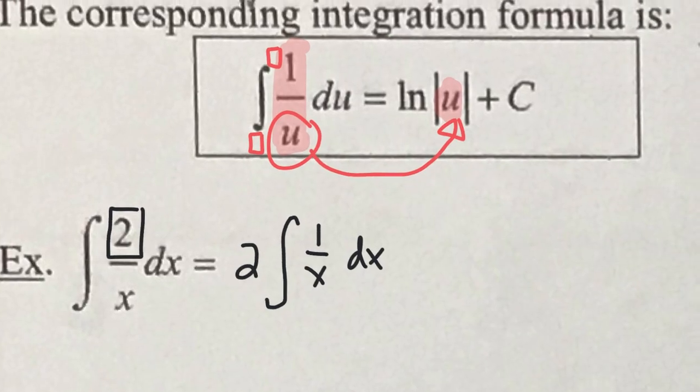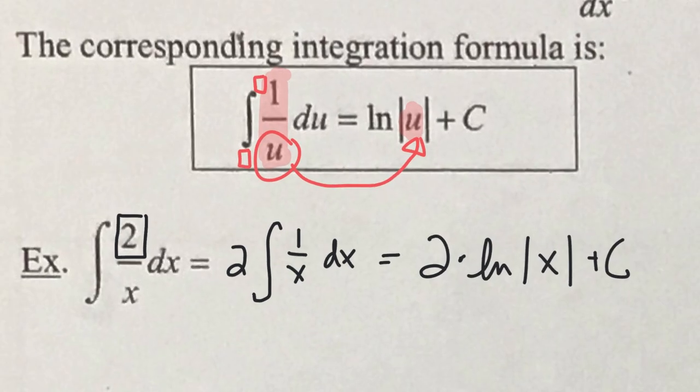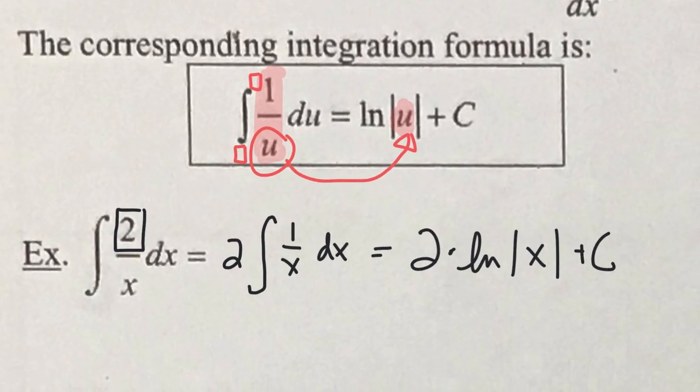And now we're going to apply this formula, right? If we have 1 over x, what's the antiderivative of 1 over x? Natural log of x. So quite simply, this is 2 times the natural log of the absolute value of x plus c, right? Plus that constant of integration.